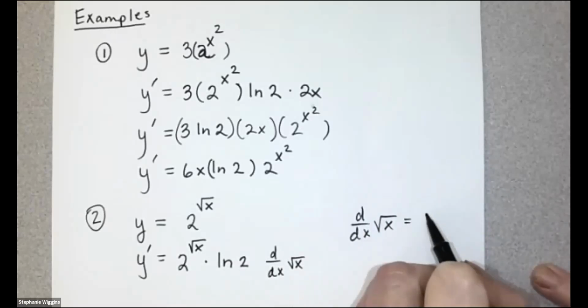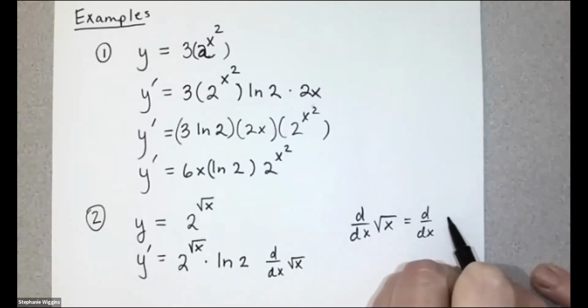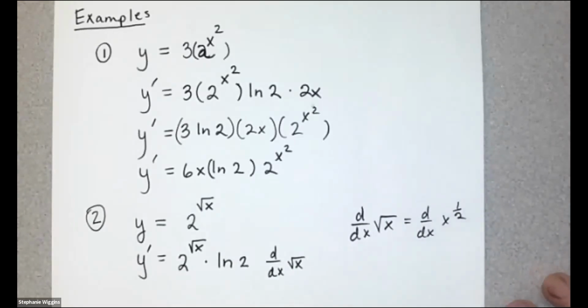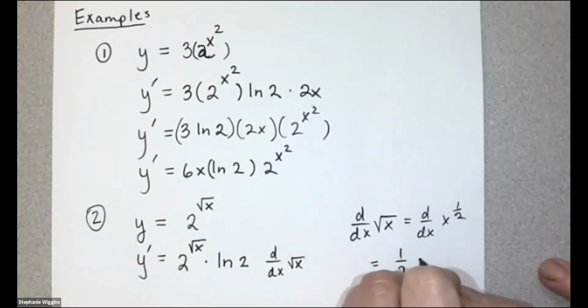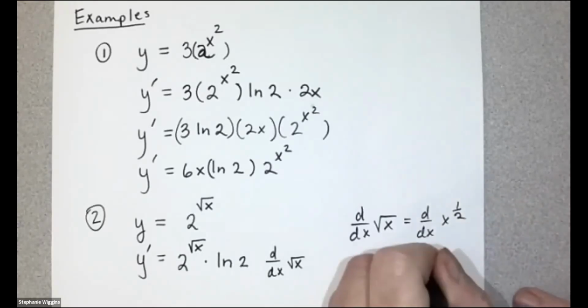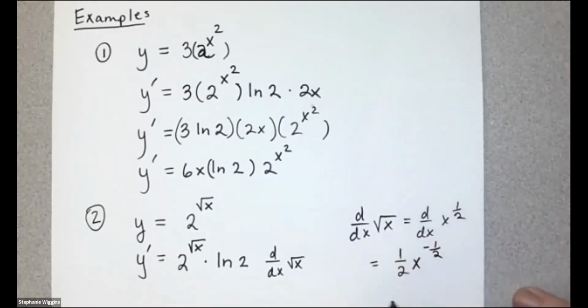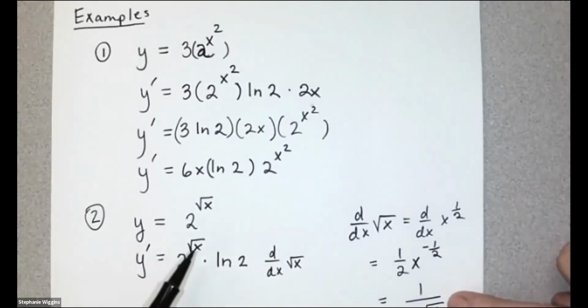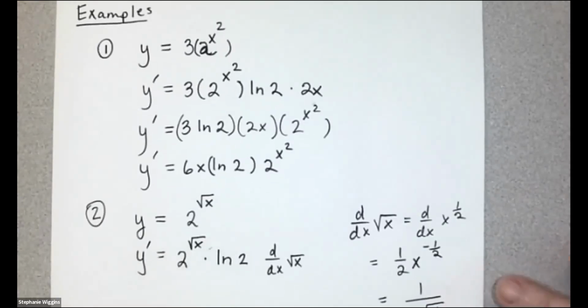Well, you think of this as the derivative of x to the 1/2, and applying the power rule, that is 1/2 x to the power of 1/2 minus 1, which gives minus 1/2. And so that's 1/(2 square root of x). This is the derivative of this exponent.